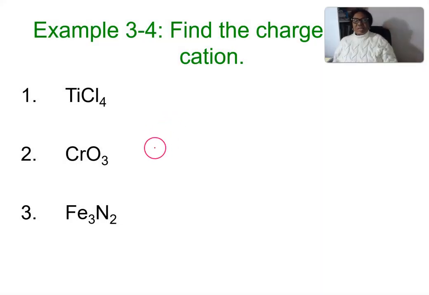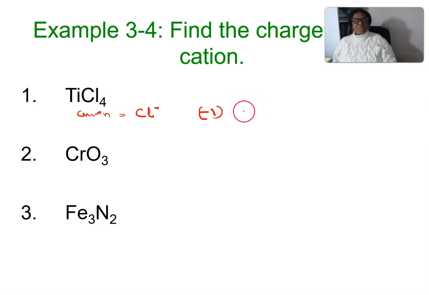So do this, then we'll take a break. For example, this one, we want to determine the anion. The anion here is chloride, and the charge is -1.